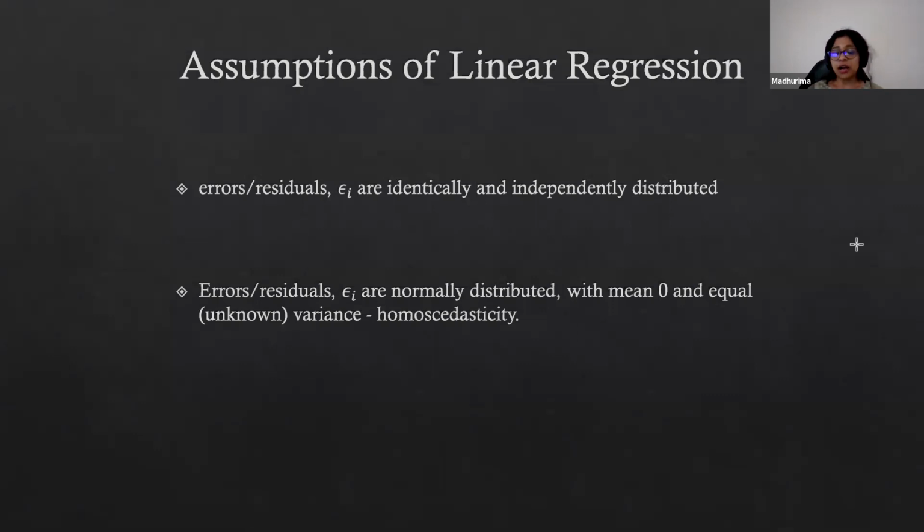And the errors are, again, normally distributed with a mean of 0 and equal variance, which is unknown, and we call that homoscedasticity. And I will go over how to check whether our residuals are normally distributed or not, what is the nature of the residuals before we do any linear regression. I will cover these later, but these are the two most important assumptions of linear regression on which the modeling is based.